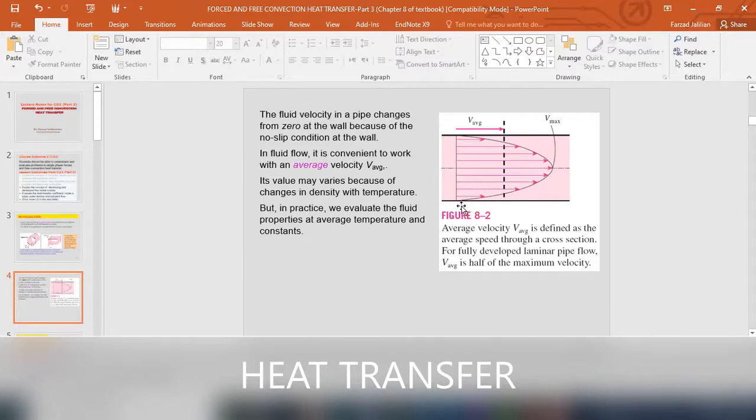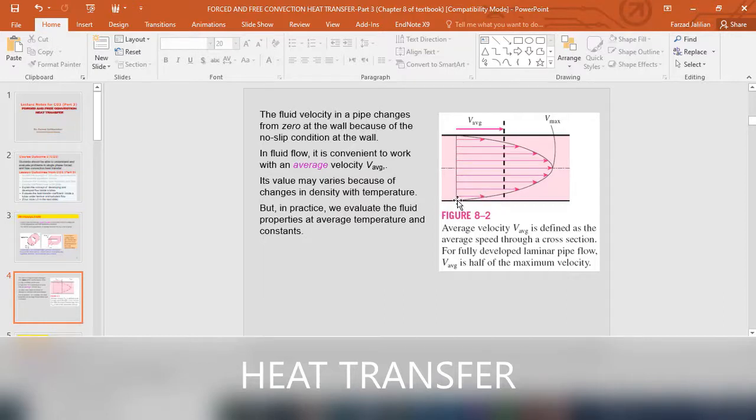You can see that the velocity of the fluid near the wall is almost zero, or we can consider it as zero. This is due to the no-slip condition at the wall. So the speed of the fluid near the wall is almost zero.